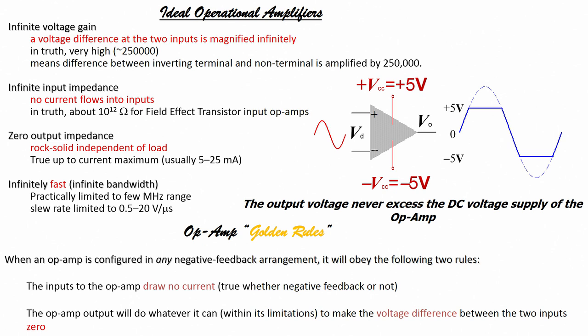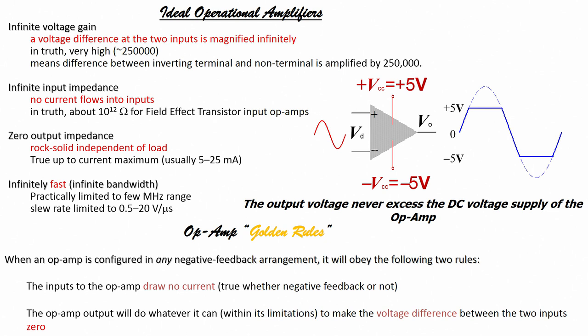But in case of a practical op amp, the voltage gain is very high, the input is magnified at a very high range, but not infinite. Input impedance is extremely high, but not infinite. Output impedance is close to 0, but not 0.